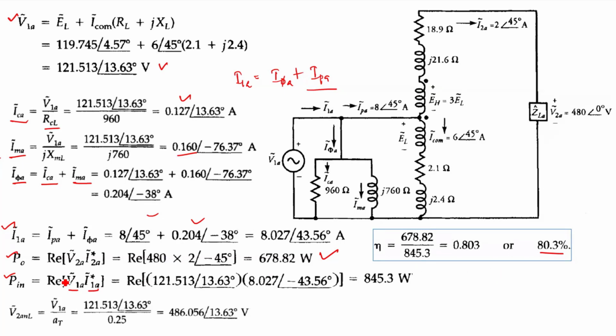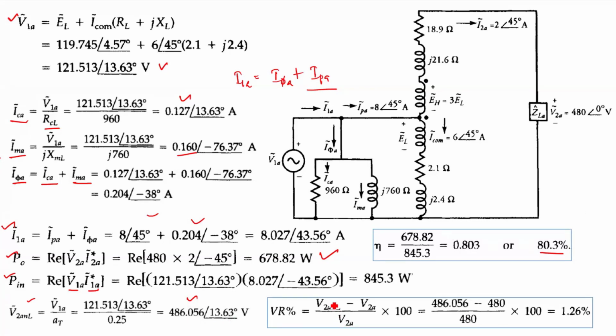Your voltage regulation: in order to find it, we must find the no load voltage across this, and the full load voltage is known. The no load voltage across the secondary side will be V1A by 80, which will give me 486.056. Then your voltage regulation will be no load voltage minus full load voltage, by full load voltage, into 100.